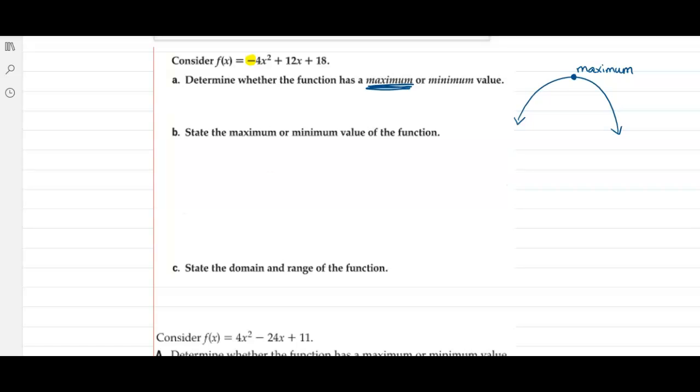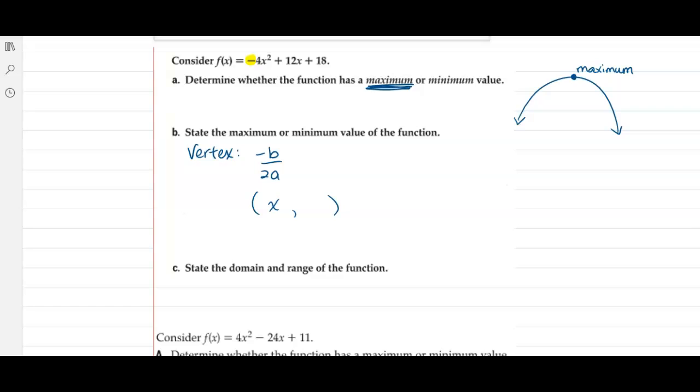Now, what is that maximum? Well, it's going to be the vertex, the y value of the vertex. So think about how we find the vertex. We need to do negative b over 2a, which gives us the x component.